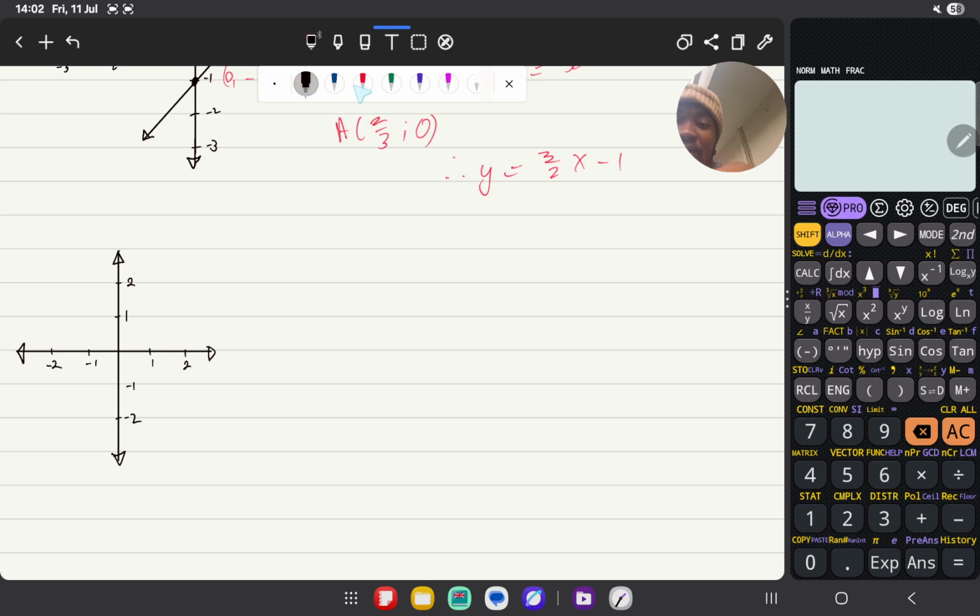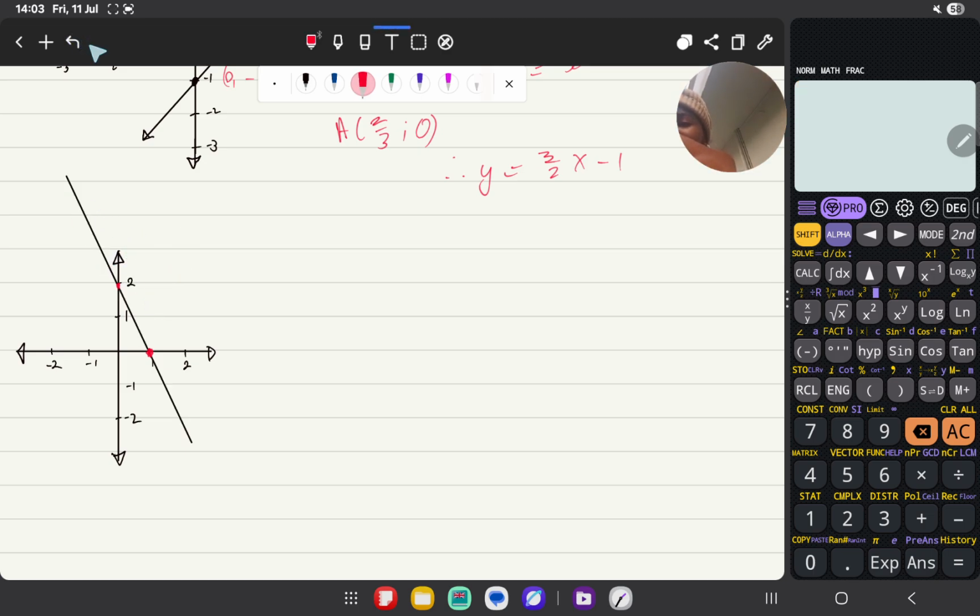Let's say your function is something like this. Cool. So from this function, you see we are moving here, right? In fact, let me make it more interesting.